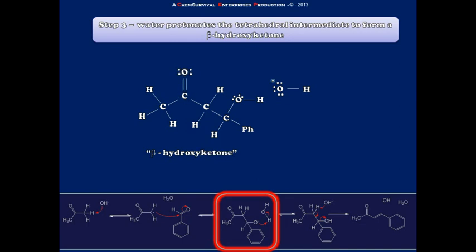Now, beta-hydroxy ketones are dehydrating machines. Because of the way that they're oriented, you can deprotonate that alpha carbon adjacent to the carbonyl and have an elimination reaction produce a resonance-stabilized species, specifically an enone. So let's watch what happens when the hydroxide moves up there and kicks off this E2 reaction.